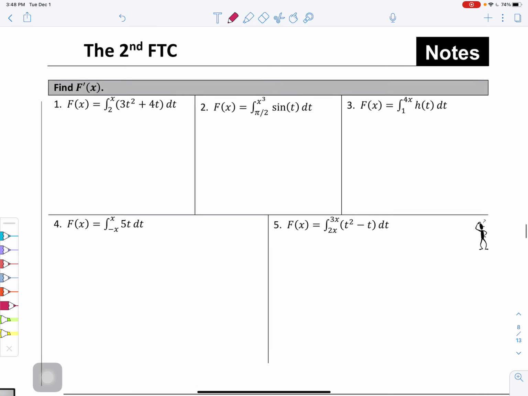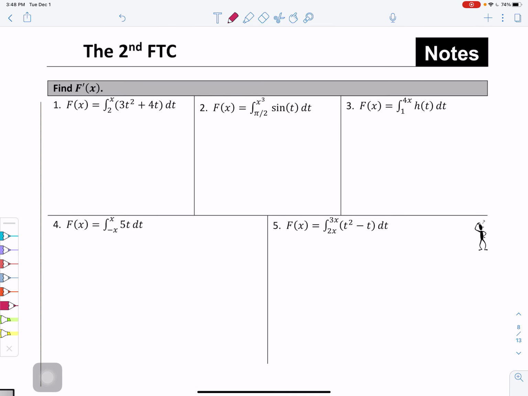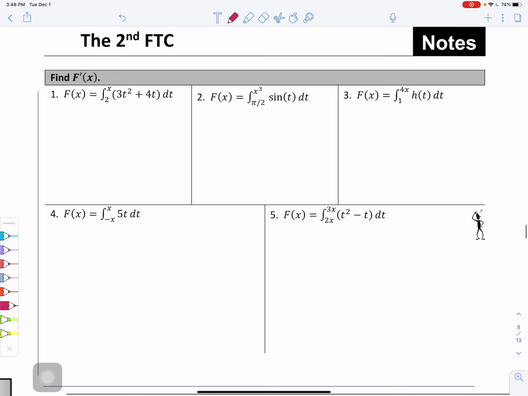Okay, in number 1, f of x is, and it could be called anything. Somebody could give you g of x. Don't let capital F of x bother you, okay? So someone gives you a function, and that function is an integral in this case, and that's your indicator that you're using FTOC2. There is no integration in FTOC2, no integration methods, okay?